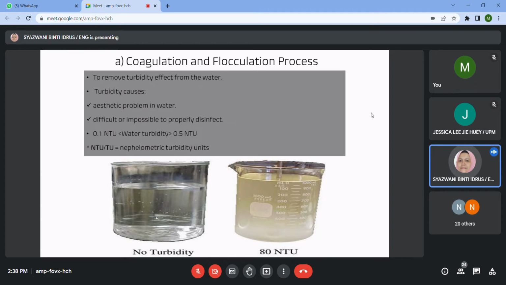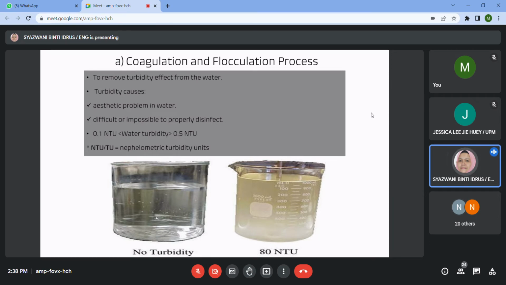When you add coagulant into untreated water, because this is the first process, the major process before coagulation and flocculation is the preliminary treatment, which includes the screening process. So that during the coagulation and flocculation process, we believe that there is no more large debris.